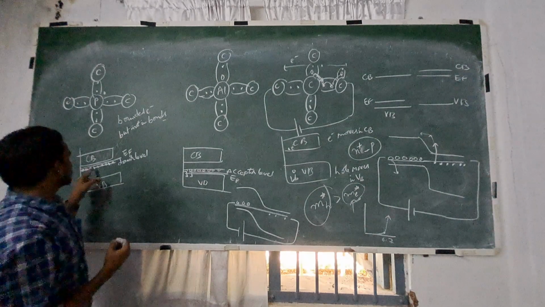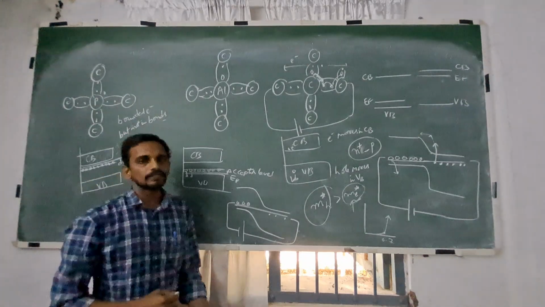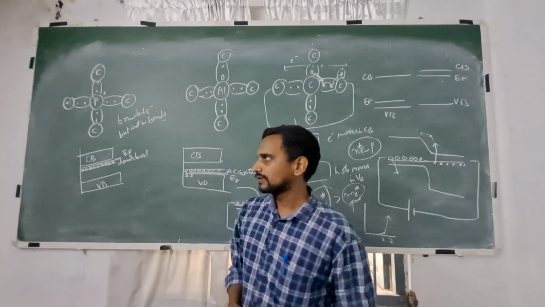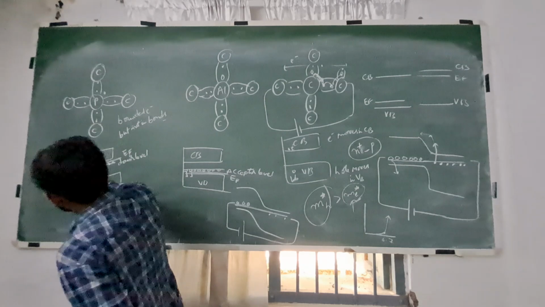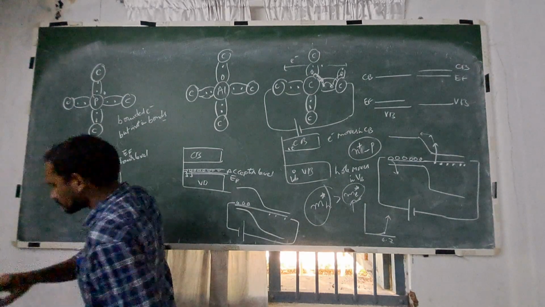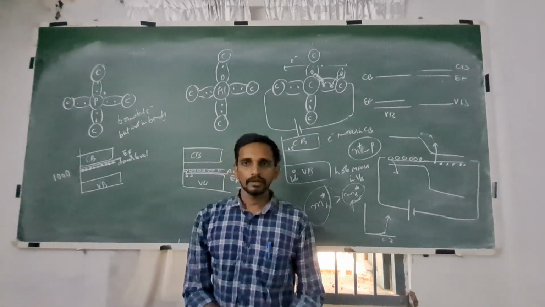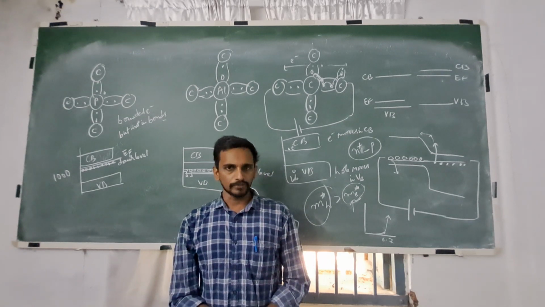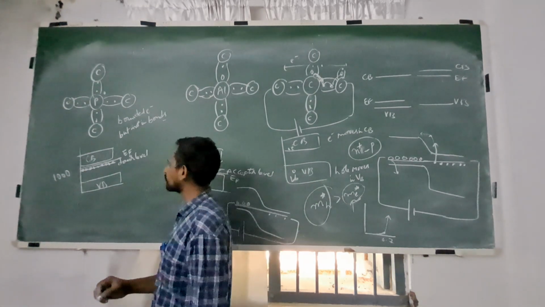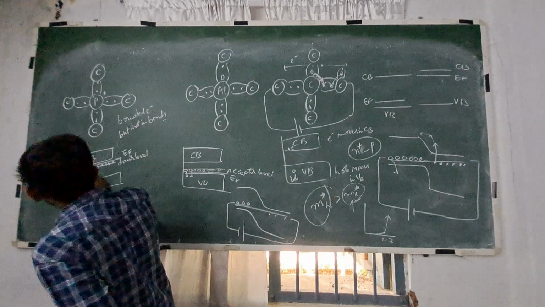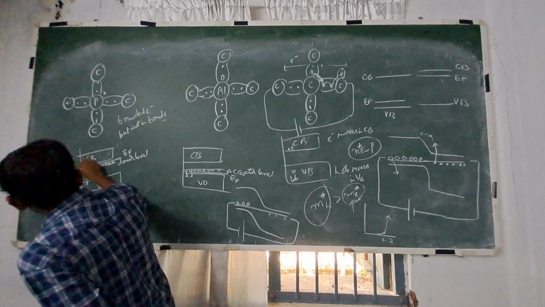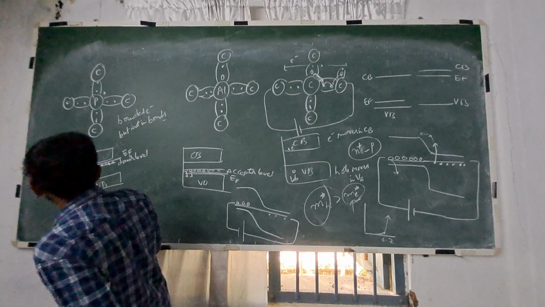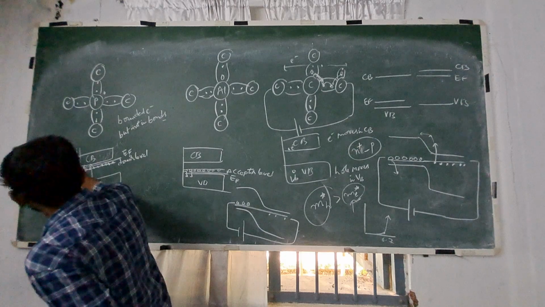So here let's say I doped with 1000 phosphorus atoms. And at that particular room temperature, let's say some 5 electrons are broken bonds under this level. So I get 5 holes and 5 electrons.